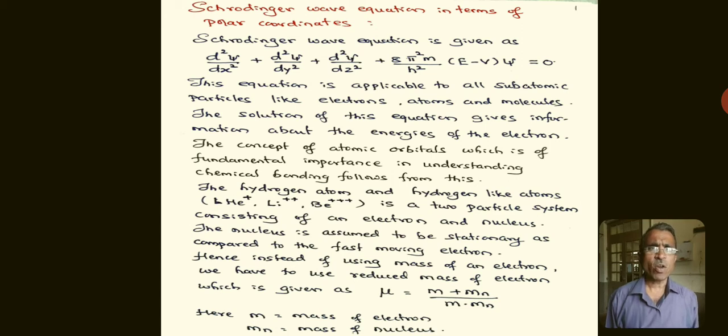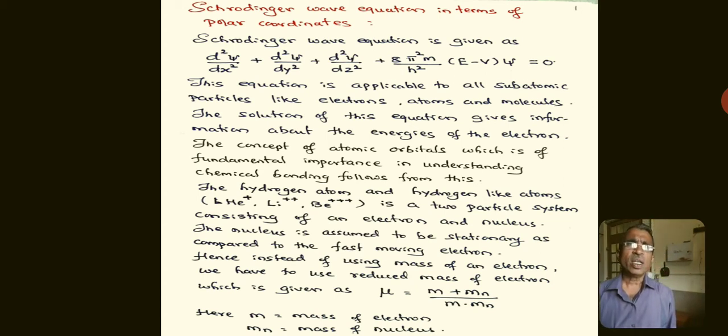Hence, instead of using the mass of an electron, we have to use the reduced mass of the electron, which is given as mu is equal to (m plus mn) divided by (m into mn), where m is the mass of the electron and mn is the mass of the nucleus.